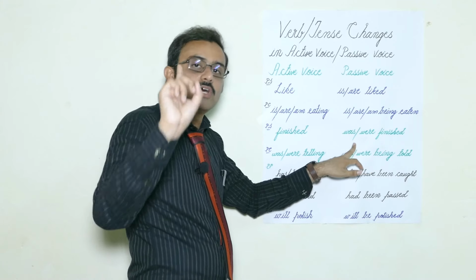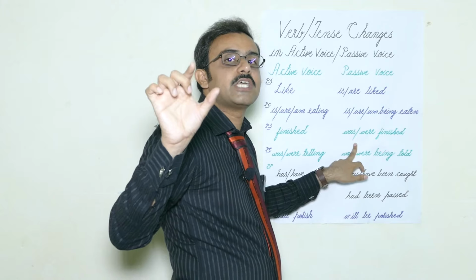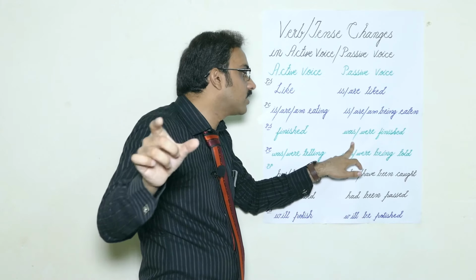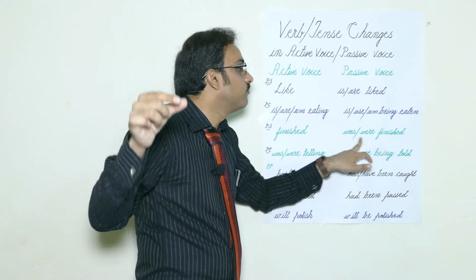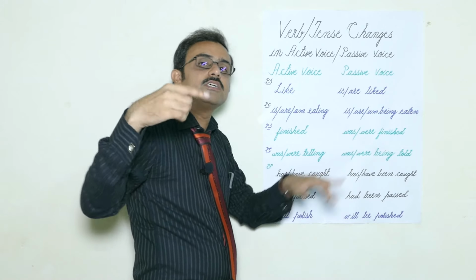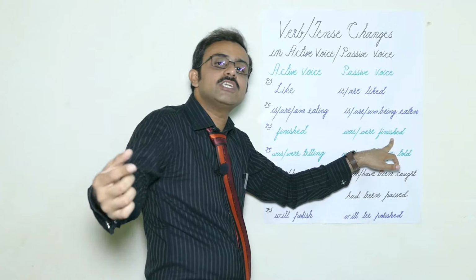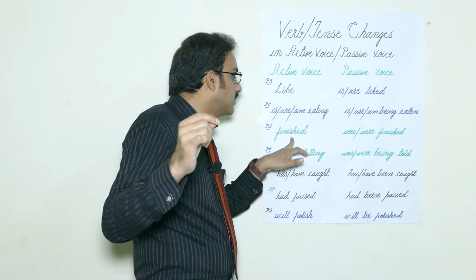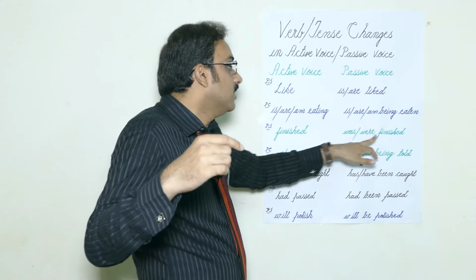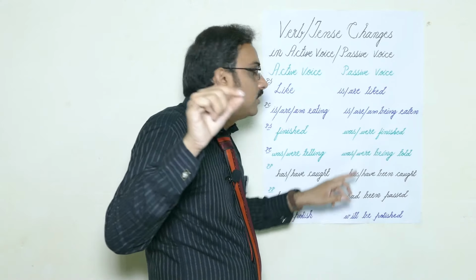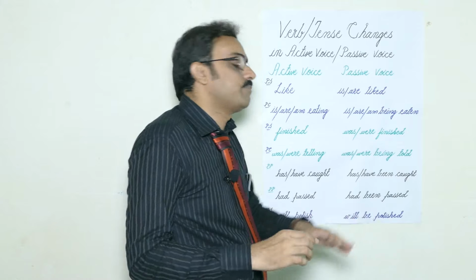Their work is singular, so subject is singular. So their work was finished, auxiliary was, and then finished, past participle. They finished their work, active voice. Their work was finished by them.